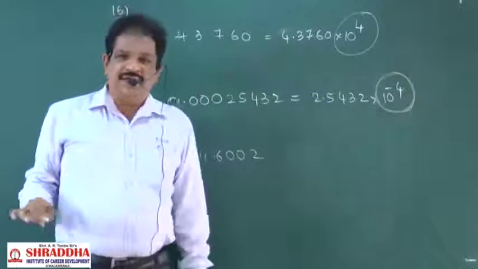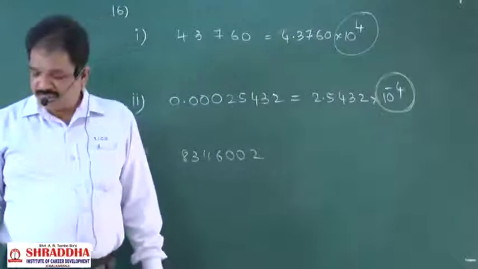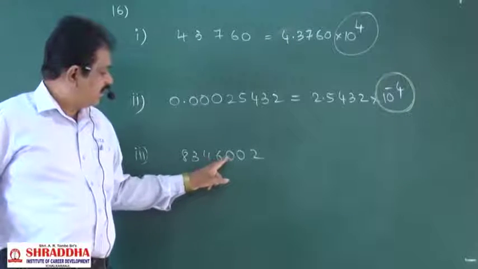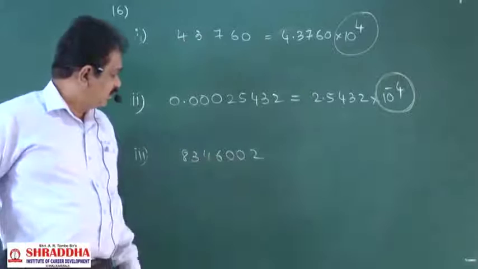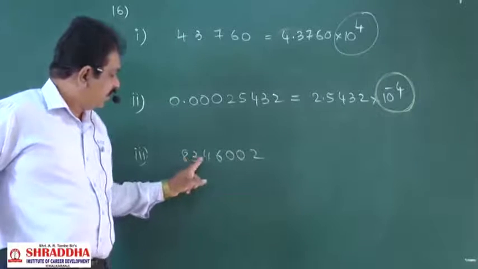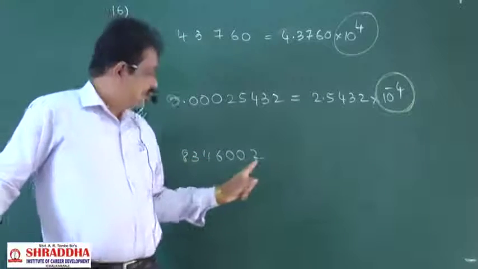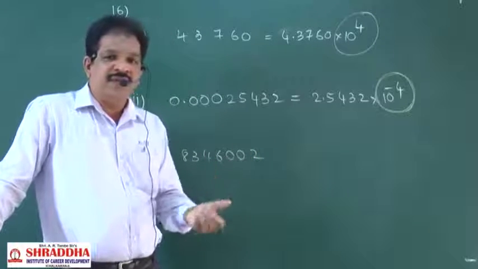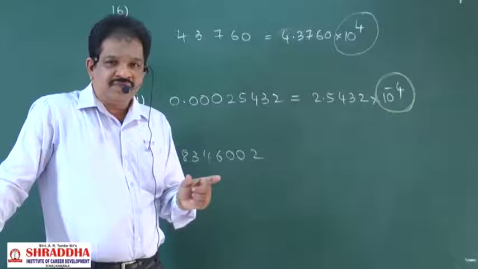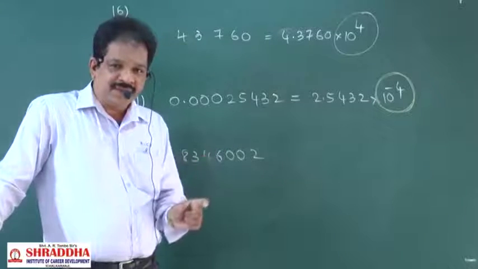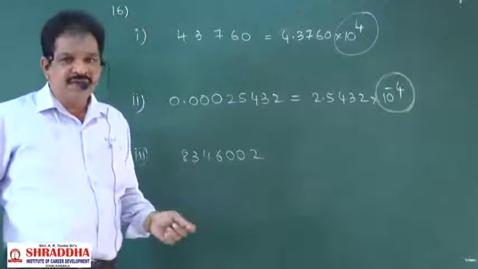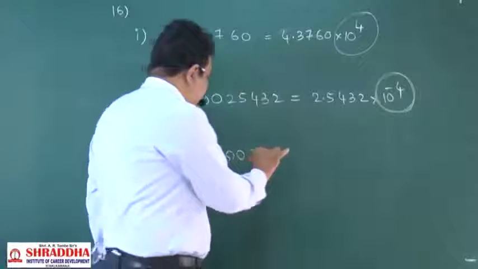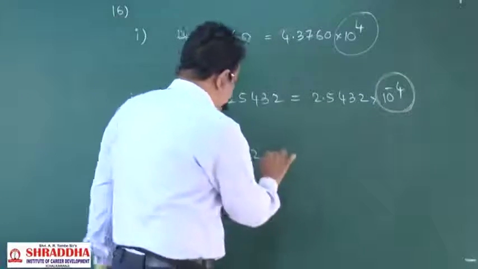Okay. Next, this one, 8346002. If I write 8.346002 into 10 power 6, that will be greater than 5. What we have to do? We have to express the number in between 0.5 and 5. That's why I am writing this one in this way.